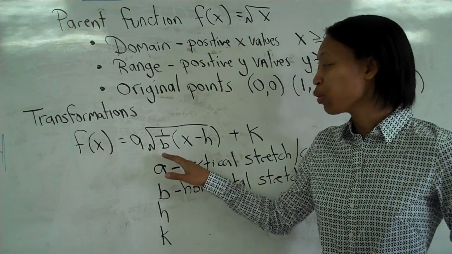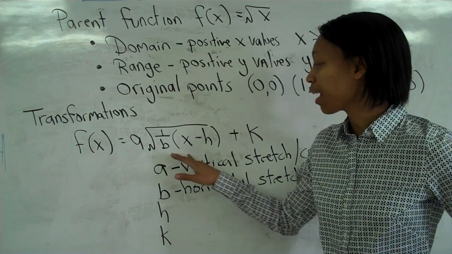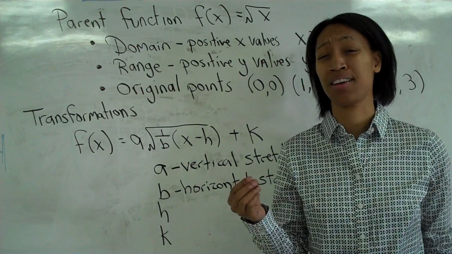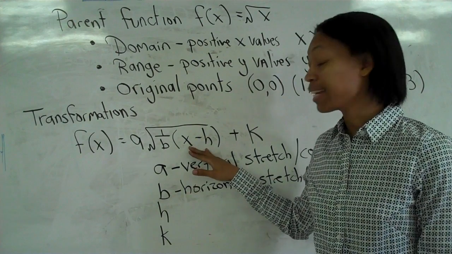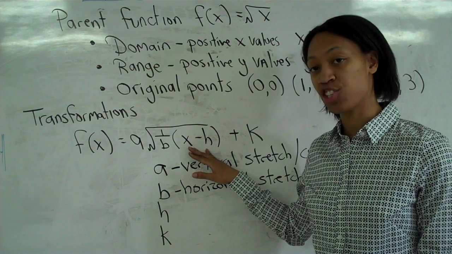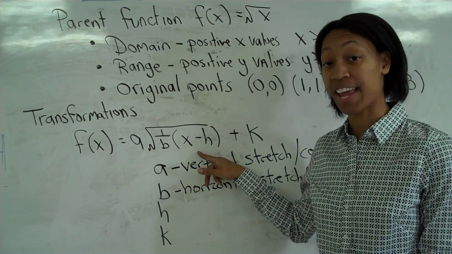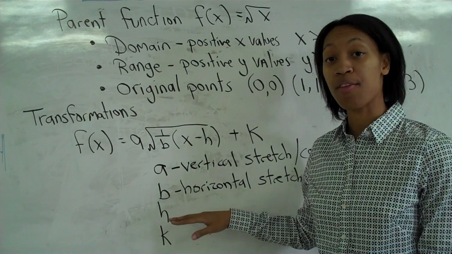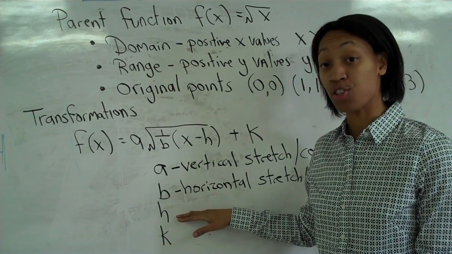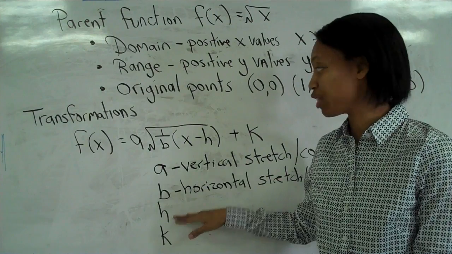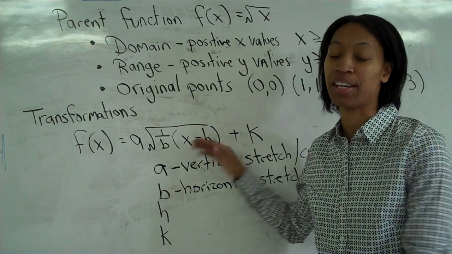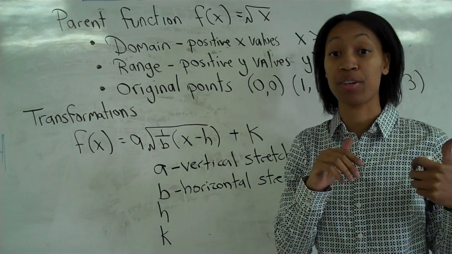Now, notice when you're looking at the b, how the x values are opposite of what you would expect. Like remember how the h has a minus h in the formula, but you would think that this h down here is positive. So if you have an x minus 3, it actually moves it in a positive 3 direction.